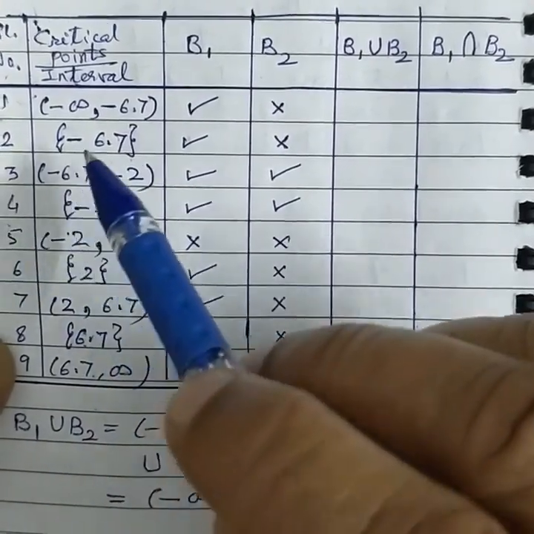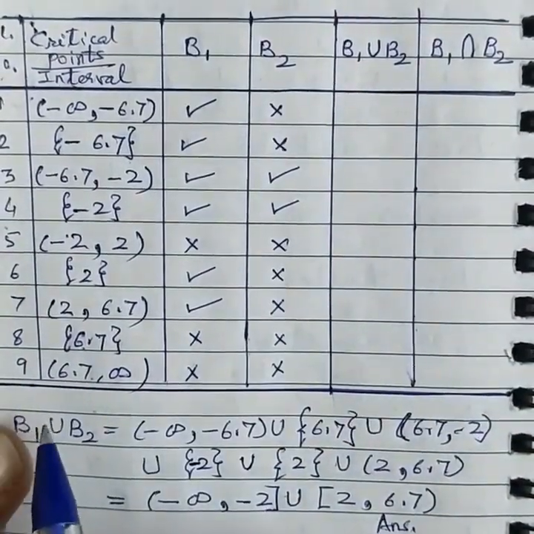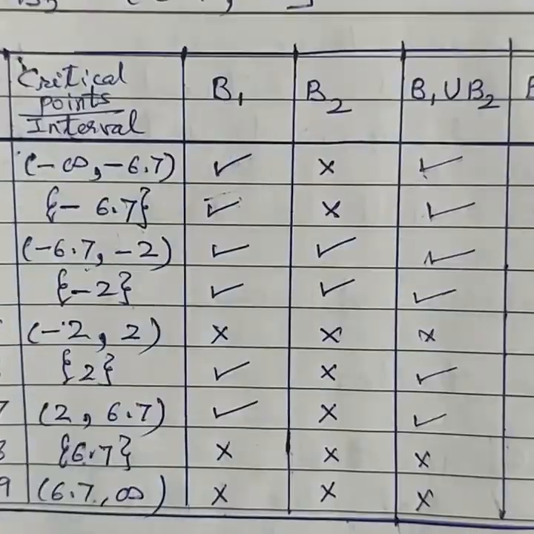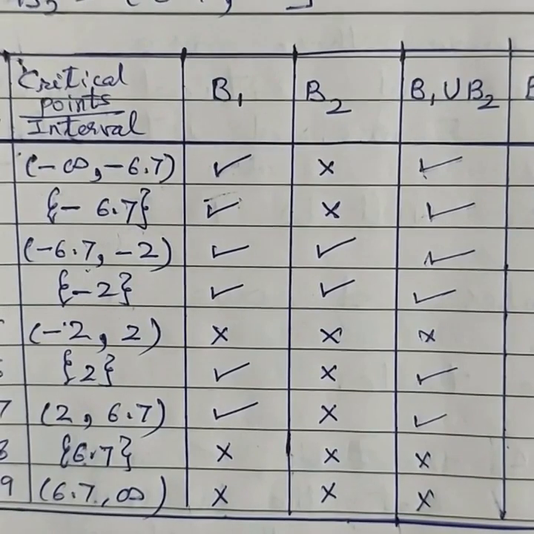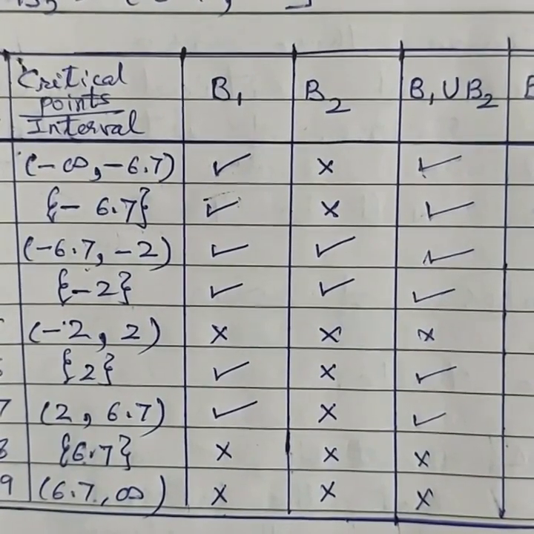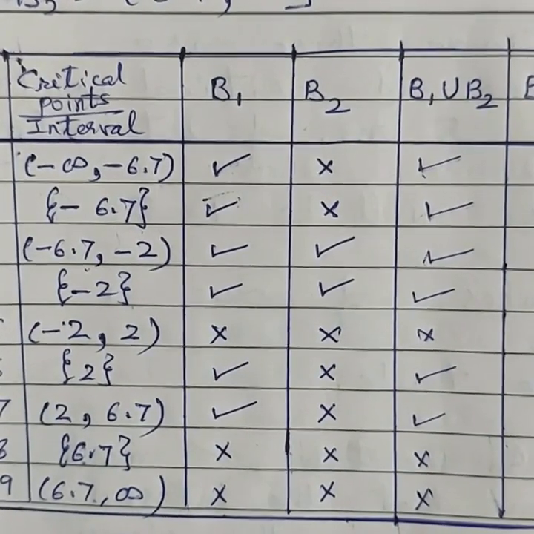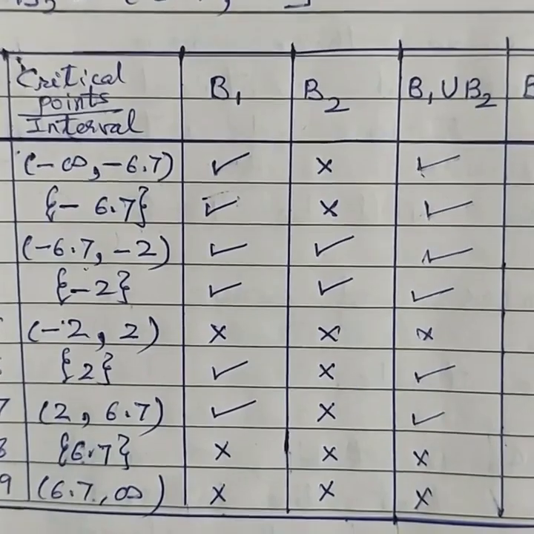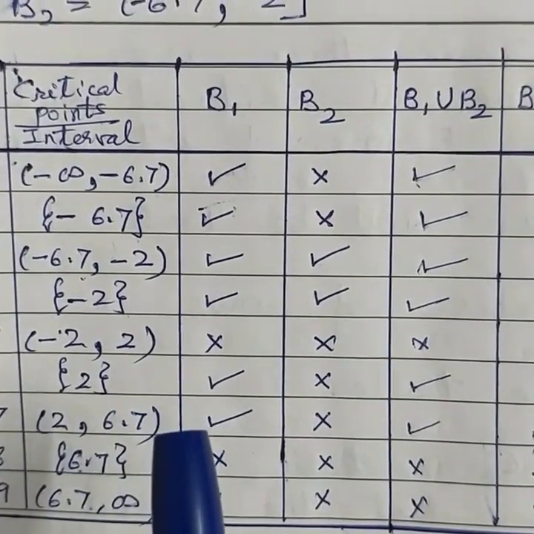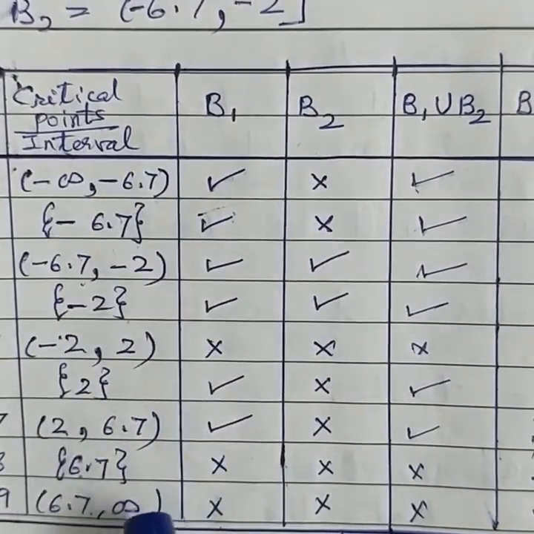In between, the intervals have been written and the last interval is from 6.7 to infinity. Please note that in the column the interval is shown with open ends and the critical points are shown as discrete points, that is in curly brackets. Also note that the intervals and the critical points are in ascending order from top to bottom.